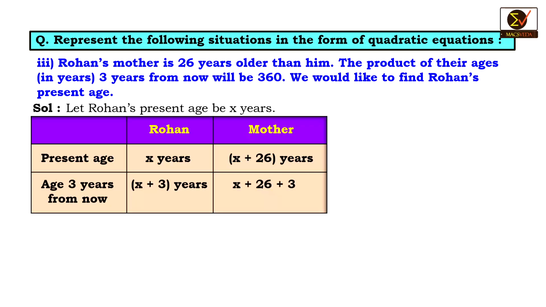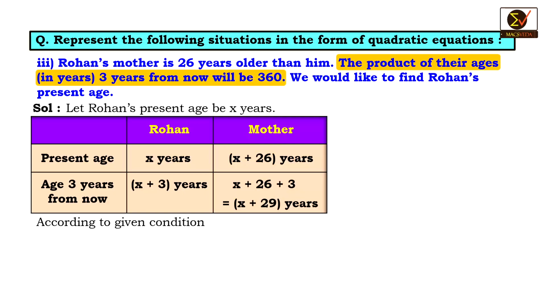It is x plus 26 plus 3. Now the product of these two, that is x plus 3 and x plus 29, is given as 360. The product of their ages 3 years from now will be 360. That is x plus 3 into x plus 29 is 360.